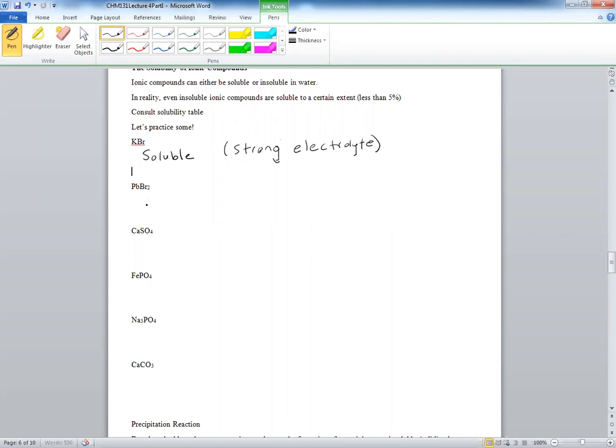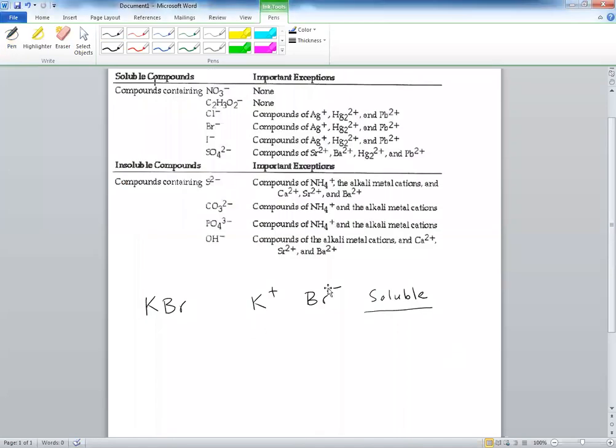Let's do PbBr2. So you have Pb. You can tell that the charge is a +2, and then you have a Br, you have a -1. Once again, we're going to go back to this sheet and determine if PbBr2 is soluble. So again, it's Br, so it should be soluble.